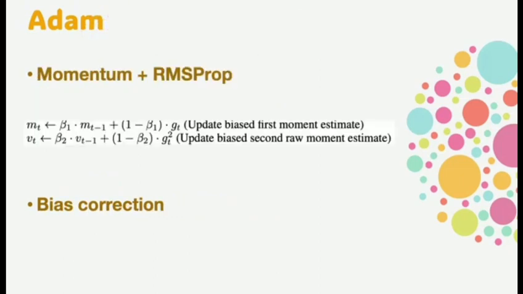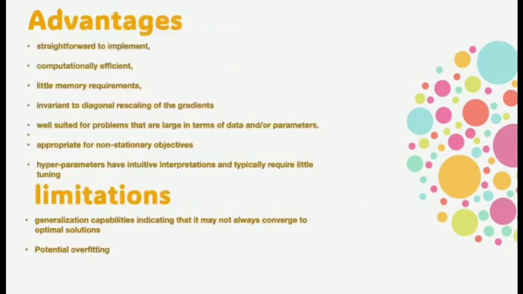The ADAM algorithm uses both of these ideas to improve the performance. The first, m t, is momentum, and the second line is updating the learning rate adaptively. ADAM also uses bias correction.